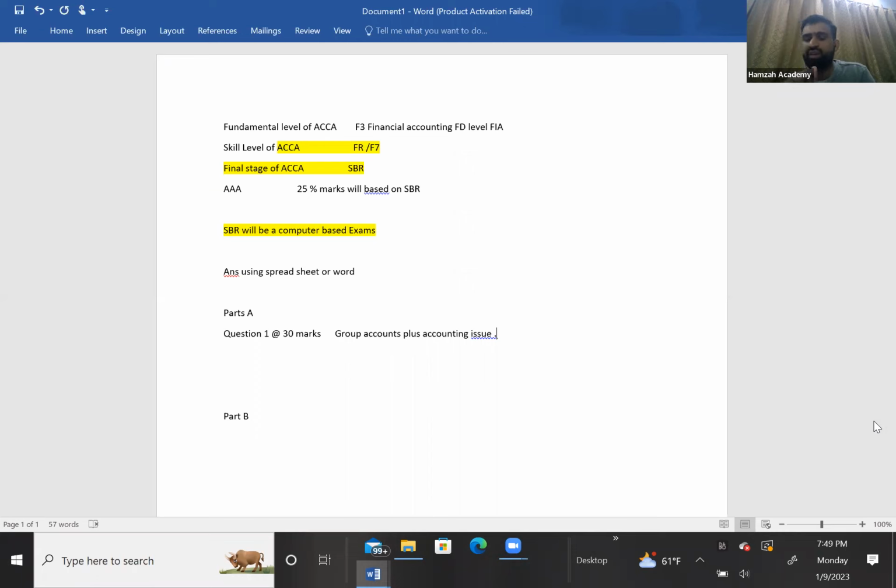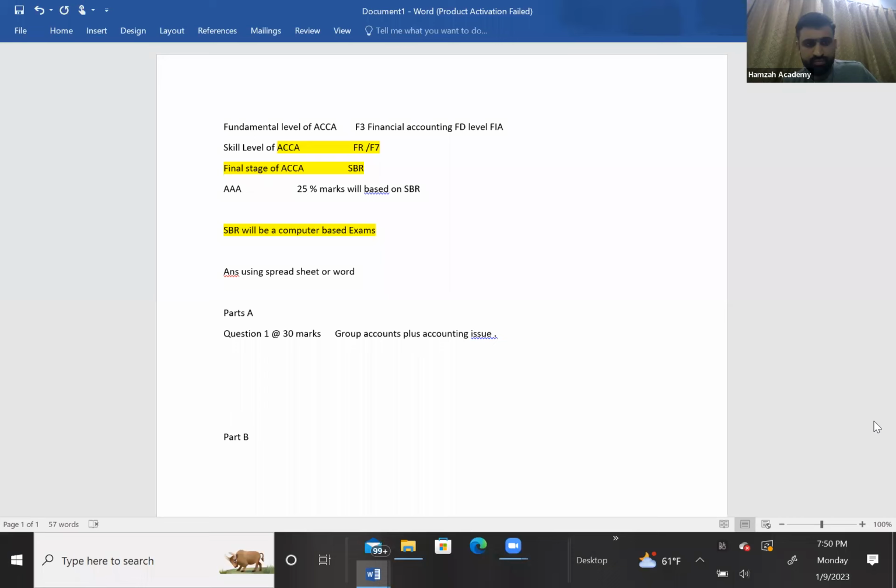Accounting issue means there might be a case study relating to financial instruments, which is related to parent company accounting. There might be a question on discontinued operations or assets held for sale, or on provisions, IAS 37 or IAS 36. Okay, so group accounts and any accounting issue can be tested in question number 1, and the total 30 marks will be available for the students here.